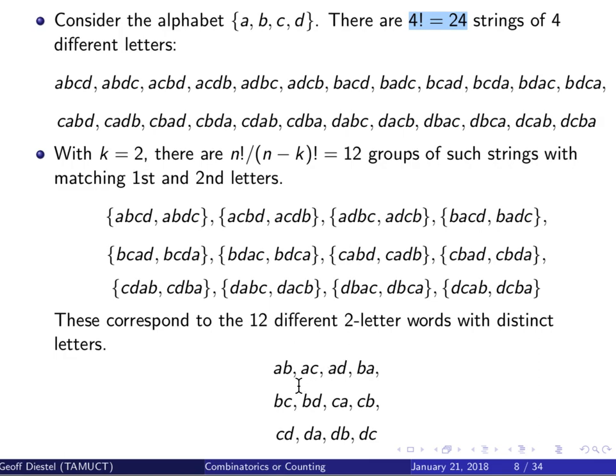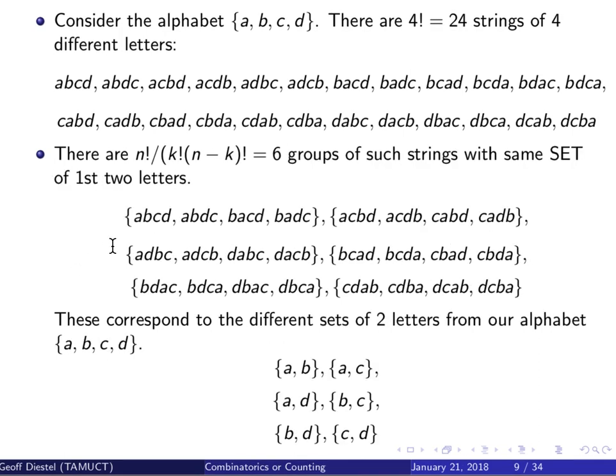And that's 12. So you can see we've grouped the words ABCD and ABDC because they have the same first and second letter. That corresponds directly to the word AB. In other words, the label AB can be used to label this set. And each of these other sets has another label based on the first letter and second letter of the words in each group.